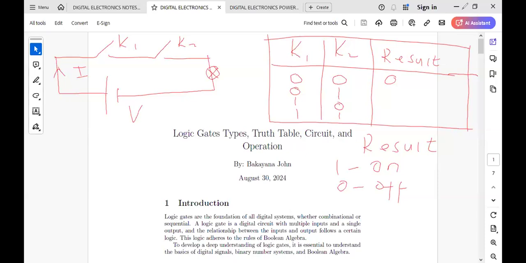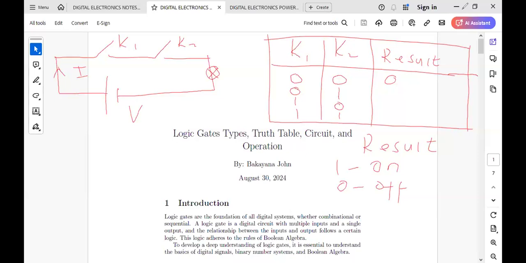So what happens if K1 is open and K2 is closed? Remember, by this time, I assume that you learned electricity. So if you learned electricity, and one of the switches is open, do you think the circuit is going to be complete? Samantha should tell us.